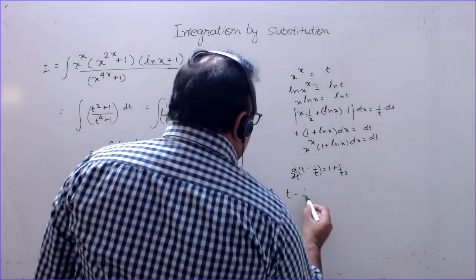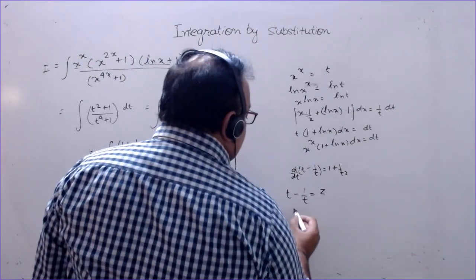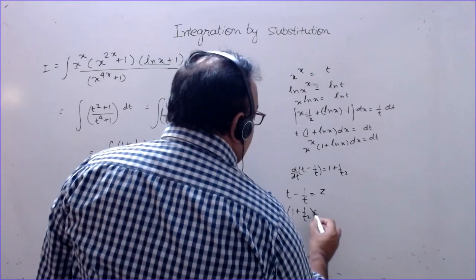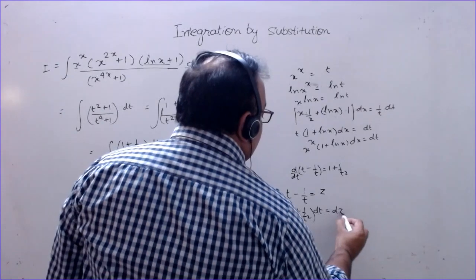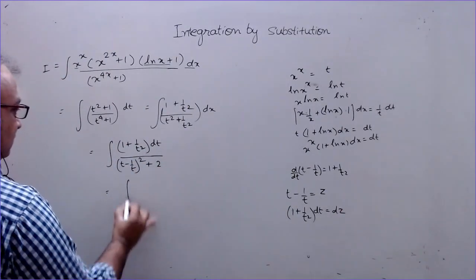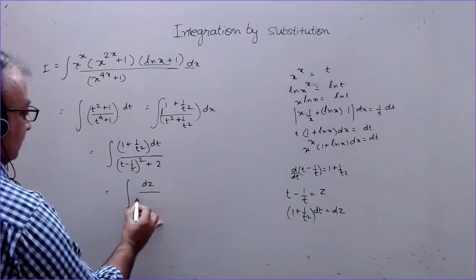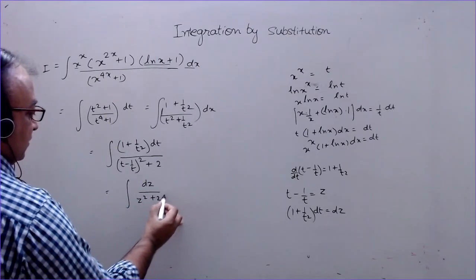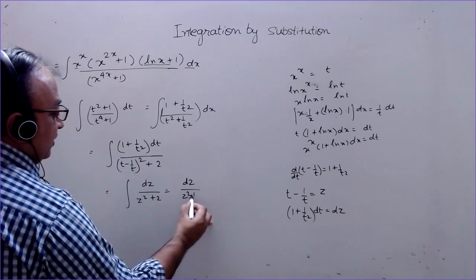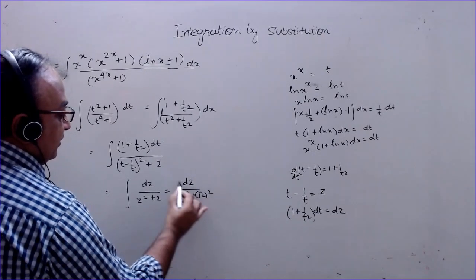So t minus 1 by t is equal to z. So 1 plus 1 by t square dt is equal to dz. So this is equal to dz over z square plus 2, or dz over z square plus root 2 whole square.